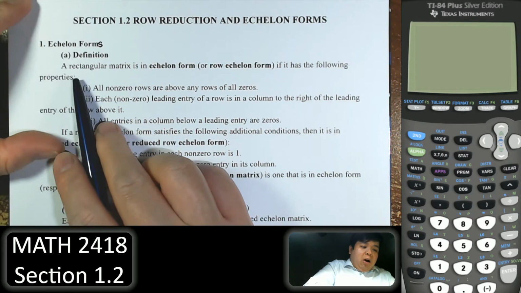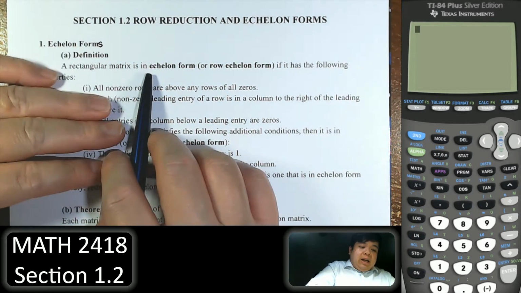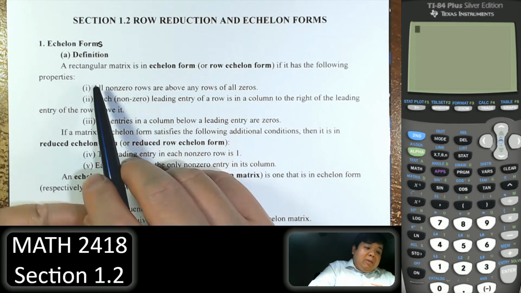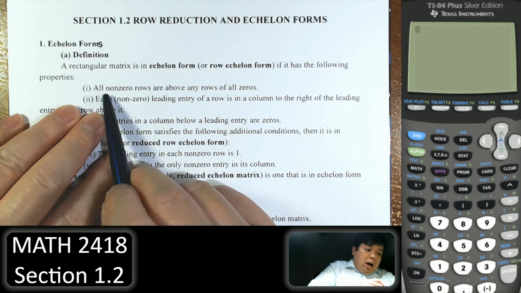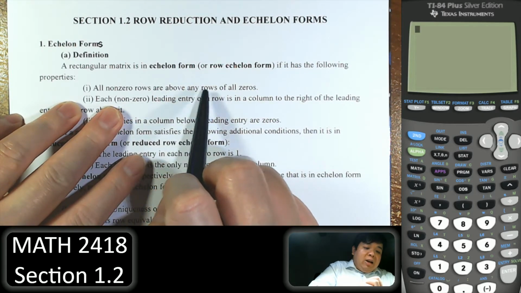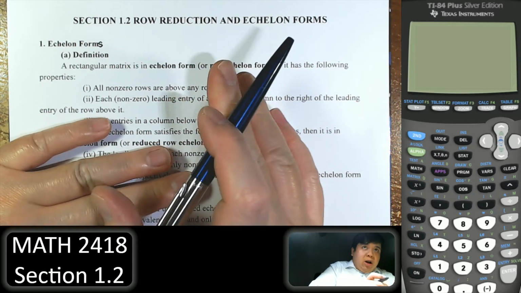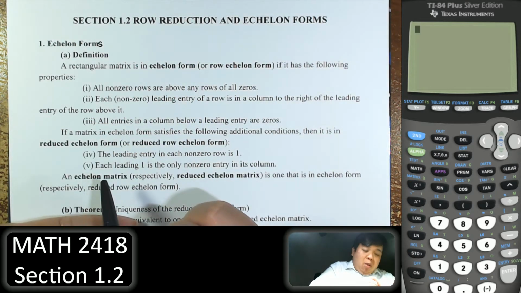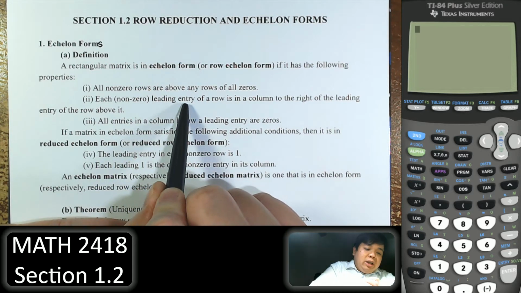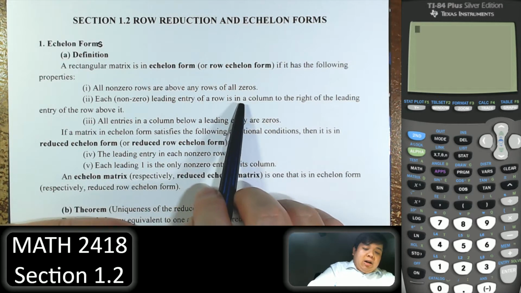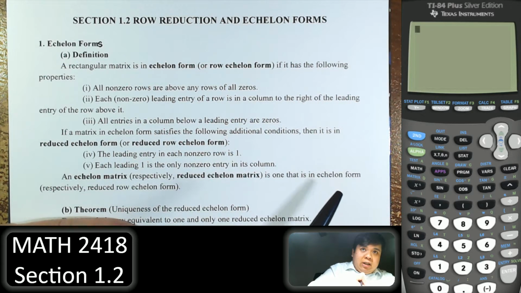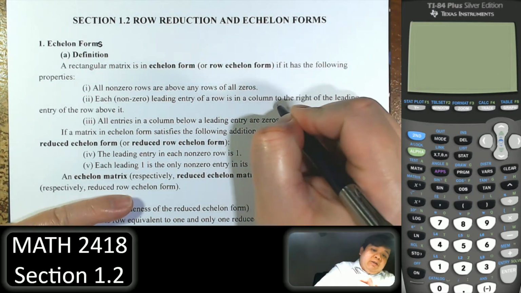A rectangular matrix is in echelon form, or row echelon form, if it has the following properties. All non-zero rows are above any rows of zeros. So if we have rows of zeros, those will stay at the bottom. Next, each non-zero leading entry of a row is in a column to the right of the leading entry of the row above it.